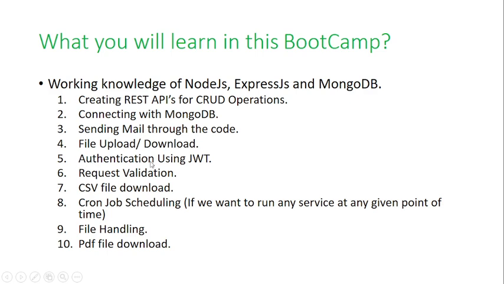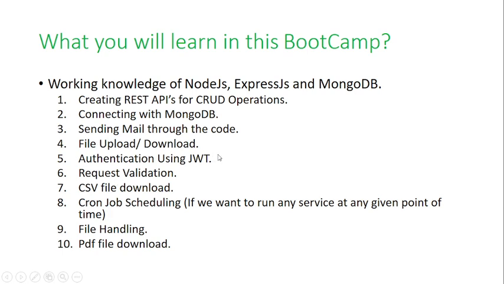Fifth one is authentication using JWT. Now you must be aware that for any application, if you want to access something, first we need to log in to that application, and previous to that we need to sign up for that web application, right?